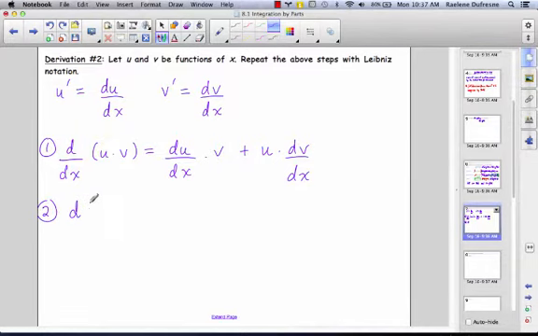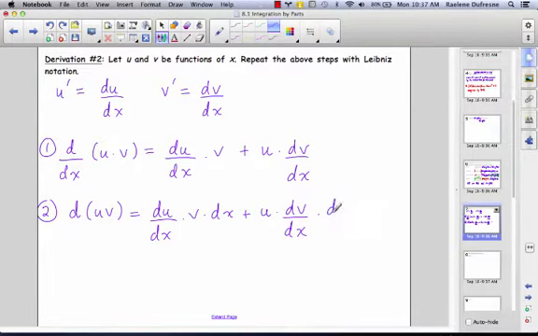So we're going to get d(uv), the differential of the product uv, is equal to du by dx times v times dx plus u times dv by dx times dx. And we can see now that we can simplify the differentials by reducing the dx's on the right-hand side. So if we just rewrite that, we get d of uv equals du times v plus u times dv.